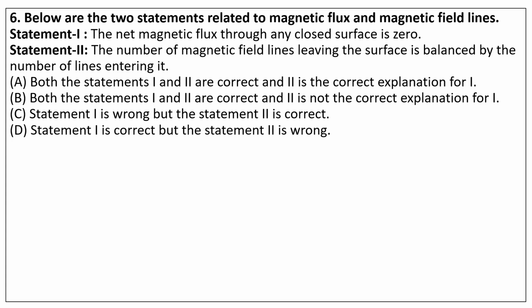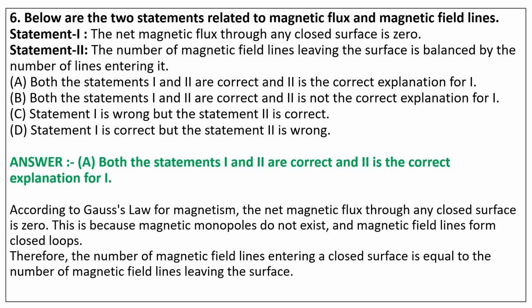B. Both the statements 1 and 2 are correct and 2 is not the correct explanation for 1. C. Statement 1 is wrong but the statement 2 is correct. D. Statement 1 is correct but the statement 2 is wrong. Answer. A. Both the statements 1 and 2 are correct and 2 is the correct explanation for 1.